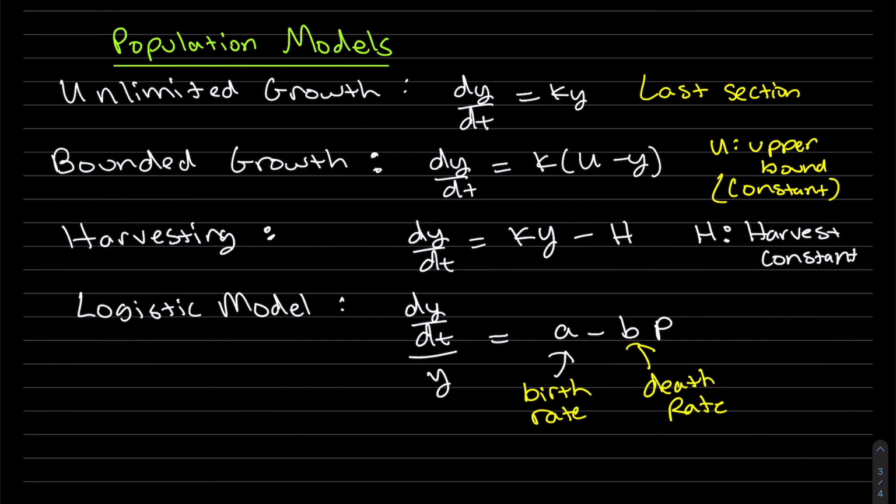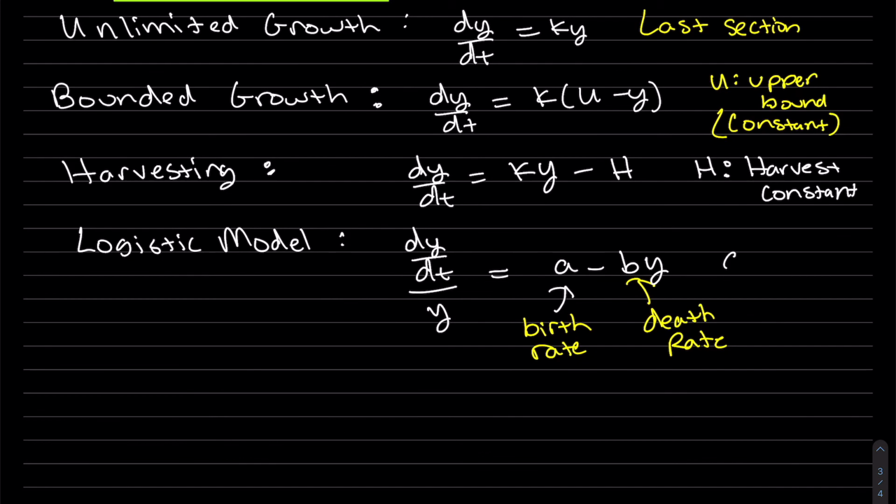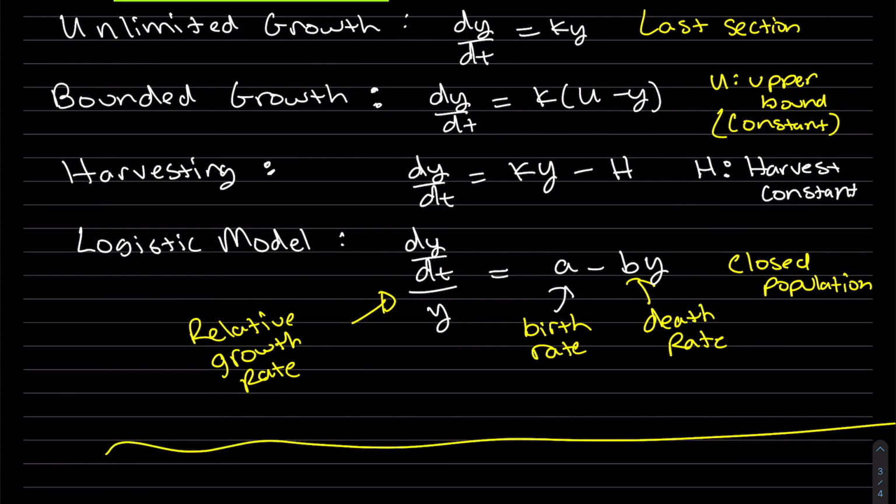And actually we should call that y, sorry about that. Up there we used P for population, here we're using y for population. Again, this is our closed population, and this is our relative growth rate. And that's it.